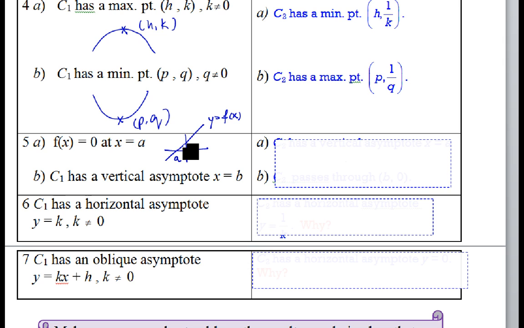What should you get? Can you divide by 0? You take 1 divided by 0, you can't divide by 0. But you think about it, at a value very close to A, your y value is very close to 0, 0.0001. When you take 1 divided by 0.0001, you get a very big number. So you get a vertical asymptote. Follow?